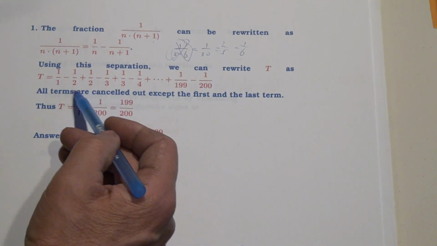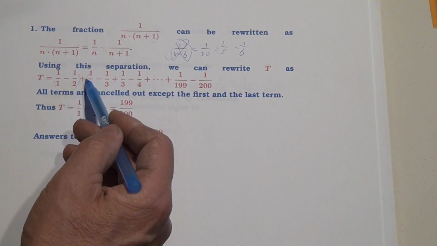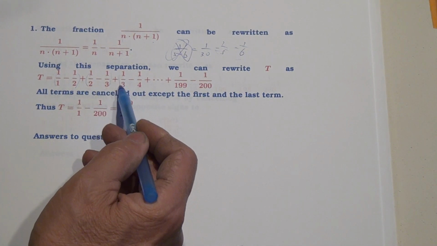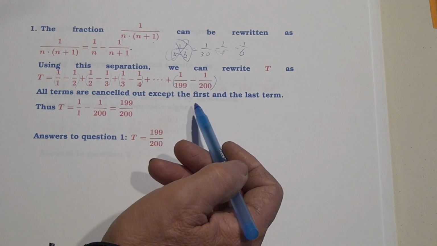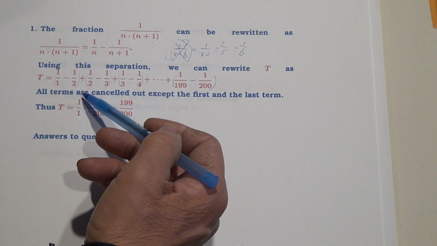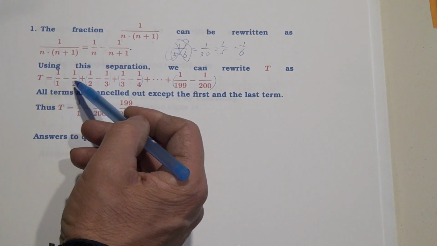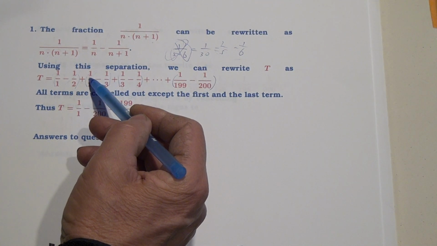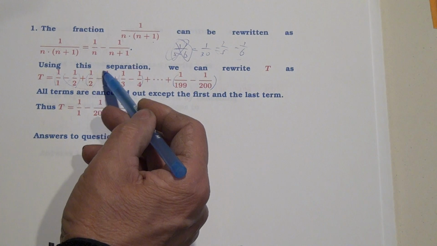Now if you look at over here, this one comes from the first group, this one from the second group, this one from the third group, this one from the last group. Now open your eyes a little wide, and you can see the second part of the first one and the first part of the second one are minus, plus, and again minus, plus.